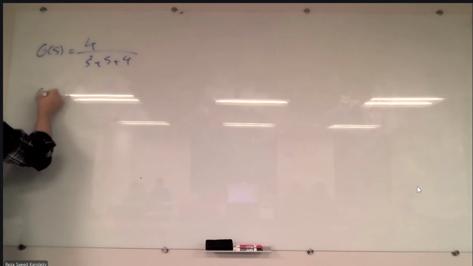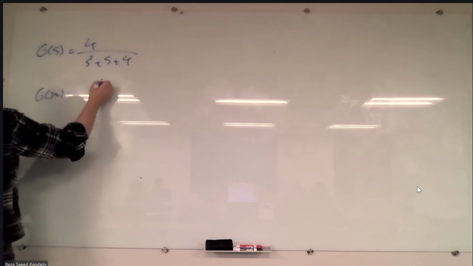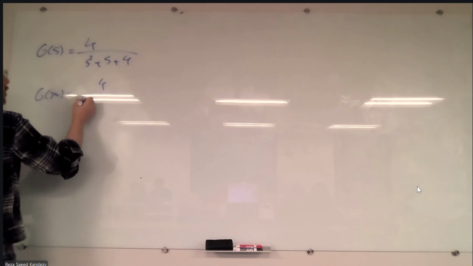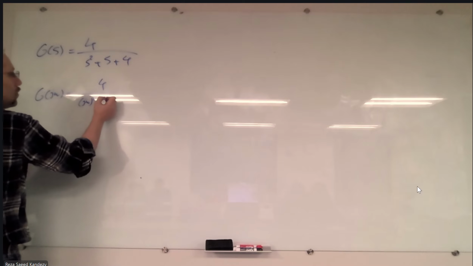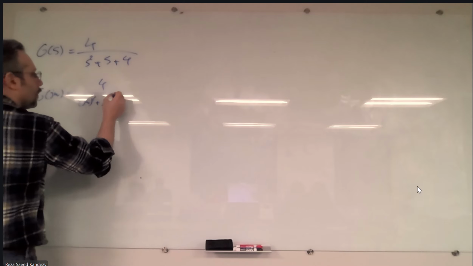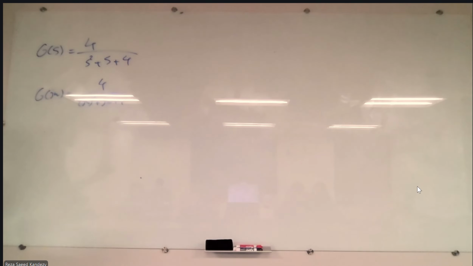So our G of j omega is going to be 4 over (j omega) squared plus j omega plus 4. Are we good? Now, we want to represent it as a vector, so we need to find the function that describes the amplitude and the phase of this transfer function.